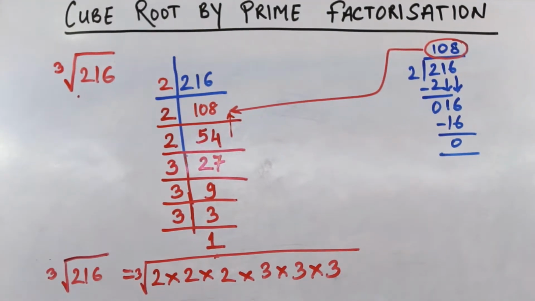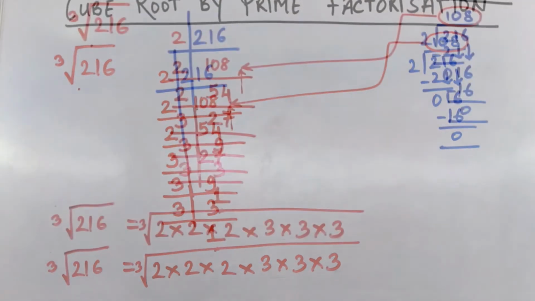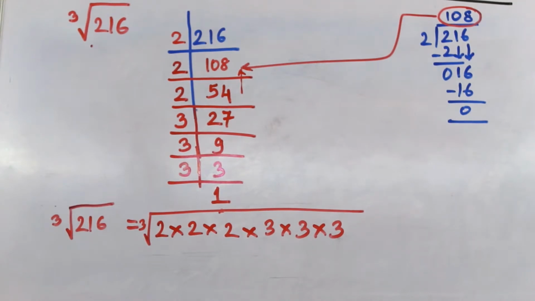Now we have to make a group of 3 same numbers. This is one group because I have to include similar numbers, that means 2, 2, 2.